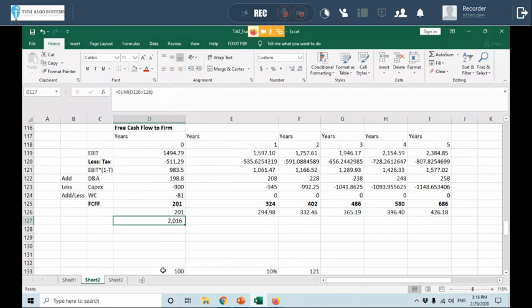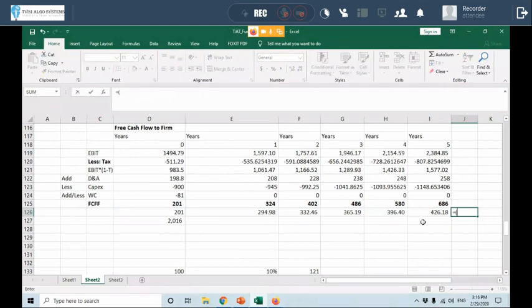But we assume the business will run lifelong, it will never end. So here there is a method. No need to go into that detail, but for the sake of our valuation, I will use this. It is equal to free cash flows into 1 plus growth rate.